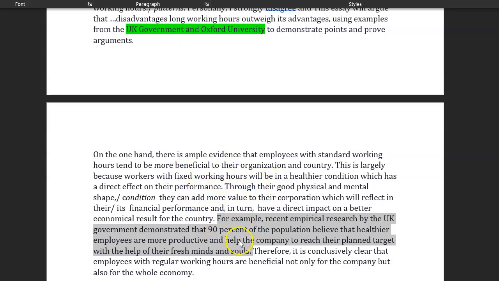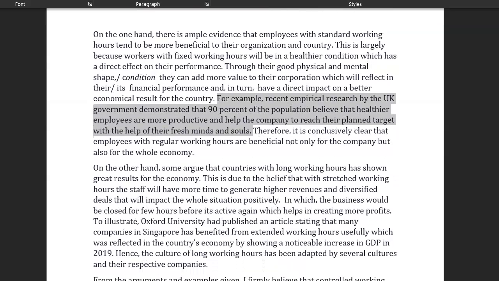I would prefer your example to say something like, believed that in working standard hours, they protected their health. Yeah, I think your example could link a little bit more to this point. Okay. Yes, healthy, but get it back to working hours. It's conclusively clear are beneficial. Yeah, okay, that's really nice. But for the whole economy. Okay, that's fine. Really nice.